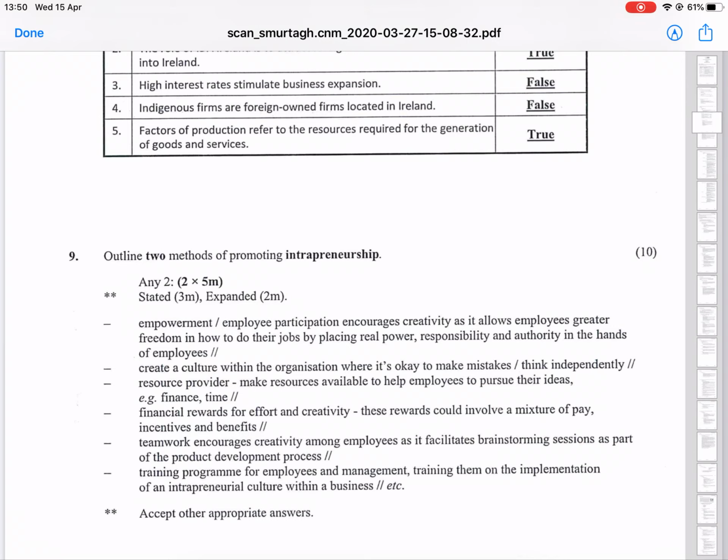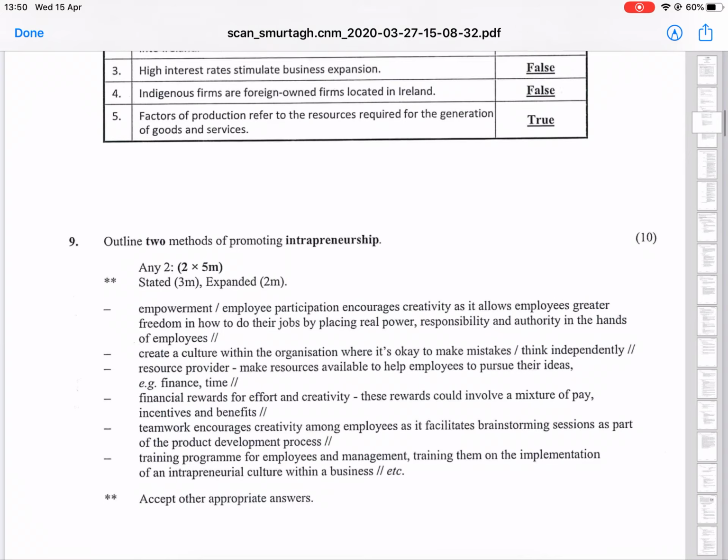Empowerment is the first point there, giving rewards for effort, adopting teamwork strategies, training programs, lots of stuff we would have covered even in the management change topic in Unit 4. They're very relevant here as well. So we would have seen that question a lot of times before.